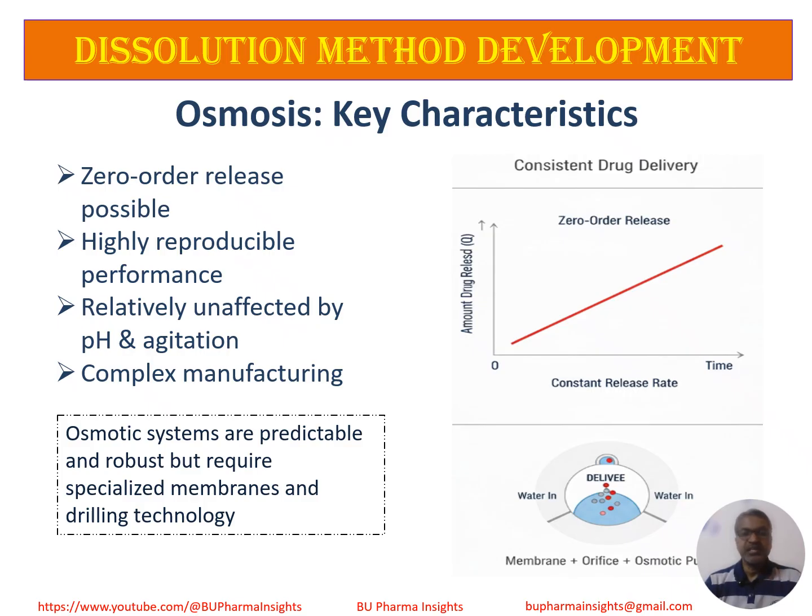Manufacturing requires specialized components such as a cellulose acetate semi-permeable membrane and precise laser drilling of the release orifice. So, while osmotic systems are robust and reliable, they also involve greater manufacturing complexity. That's the trade-off behind one of the most predictable controlled release technologies.